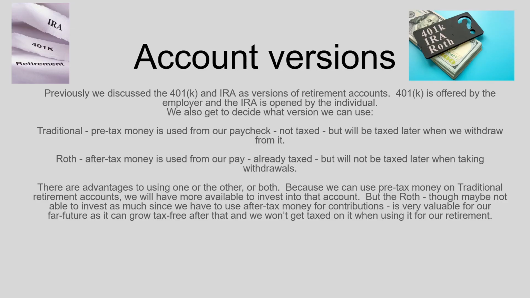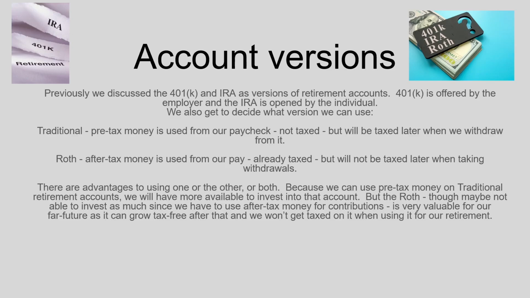The traditional is pre-tax money used from our paycheck, so it's not taxed, but will be taxed later when we withdraw from it. A Roth version is after-tax money used from our pay that's already taxed and will not get taxed later when taking withdrawals. So there are advantages to using one or the other or both. Because we can use pre-tax money on traditional accounts, we have more available to invest into that account.